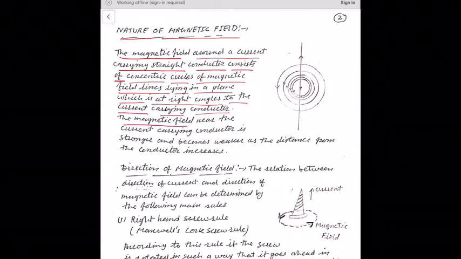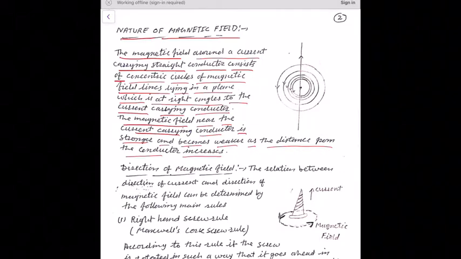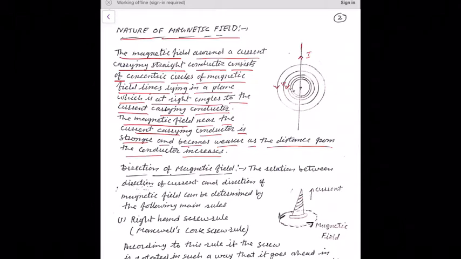The magnetic field near the current carrying conductor is stronger and becomes weaker as the distance from the conductor increases, as shown in the figure. In the figure, here is the conducting wire. In this wire current I flows from downward to upward direction, so the direction of the field is anti-clockwise.